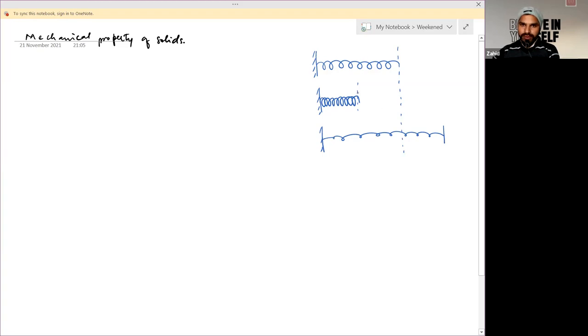So it will be along this direction, and for this length, along this direction. This force, which develops due to compression or expansion of the spring to return to its original position, is termed a restoring force.